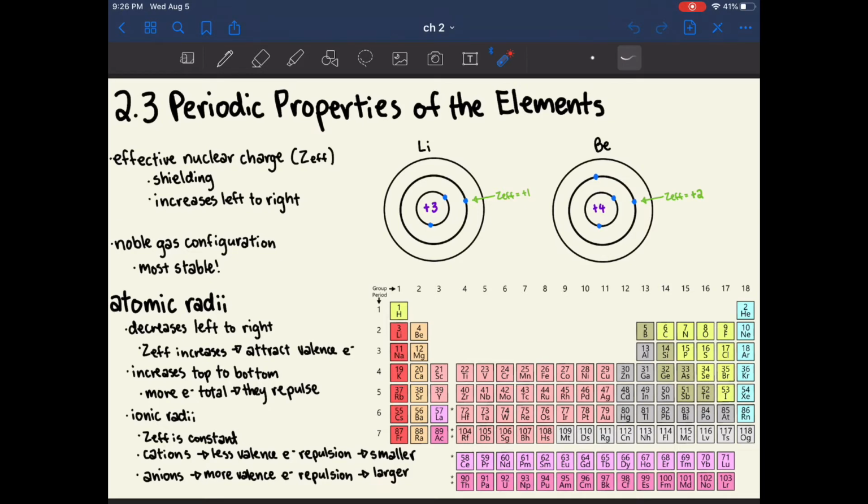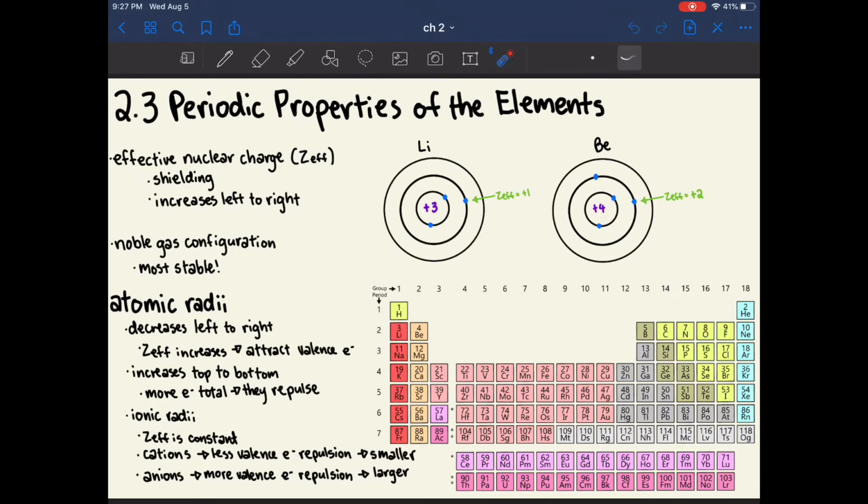So lithium has an effective nuclear charge of positive 1, which is the charge this electron would feel. Beryllium is the fourth element, having 4 electrons and 4 protons. These 2 electrons would shield the 2 valence electrons, giving an effective nuclear charge of positive 2. So these 2 electrons would feel a charge of positive 2.